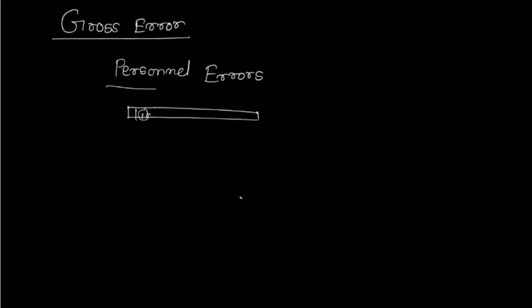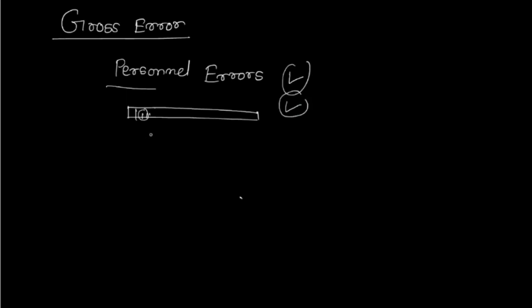So due to this personal, or you can say due to this observer error, or maybe we can say it is not the error, it is the individual observer's ability to read, center, and pay attention towards the detail for carrying out the work. So, due to all these limitations in the ability of the observer, or sometimes carelessness, the gross error occurs.